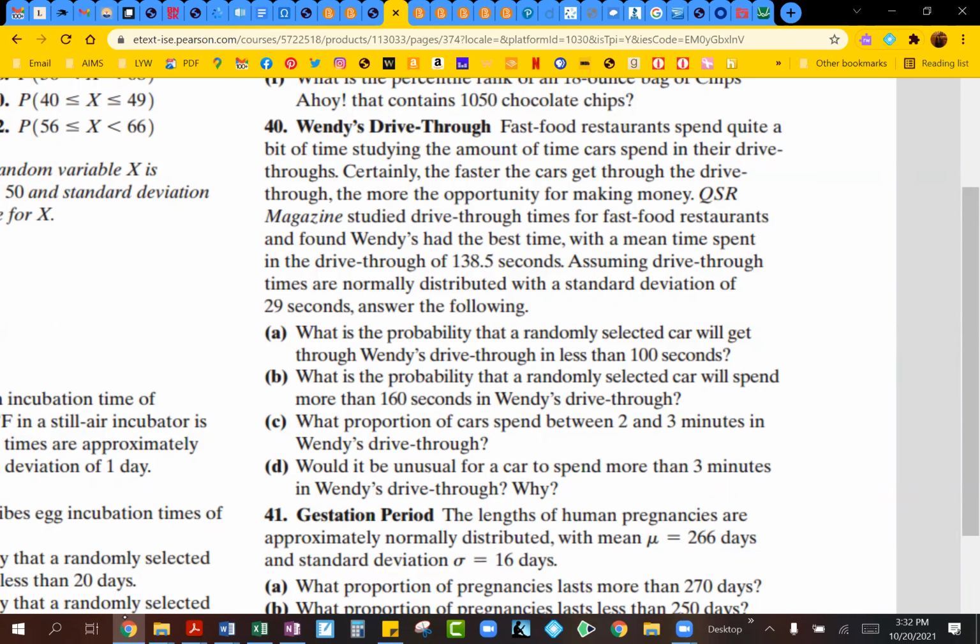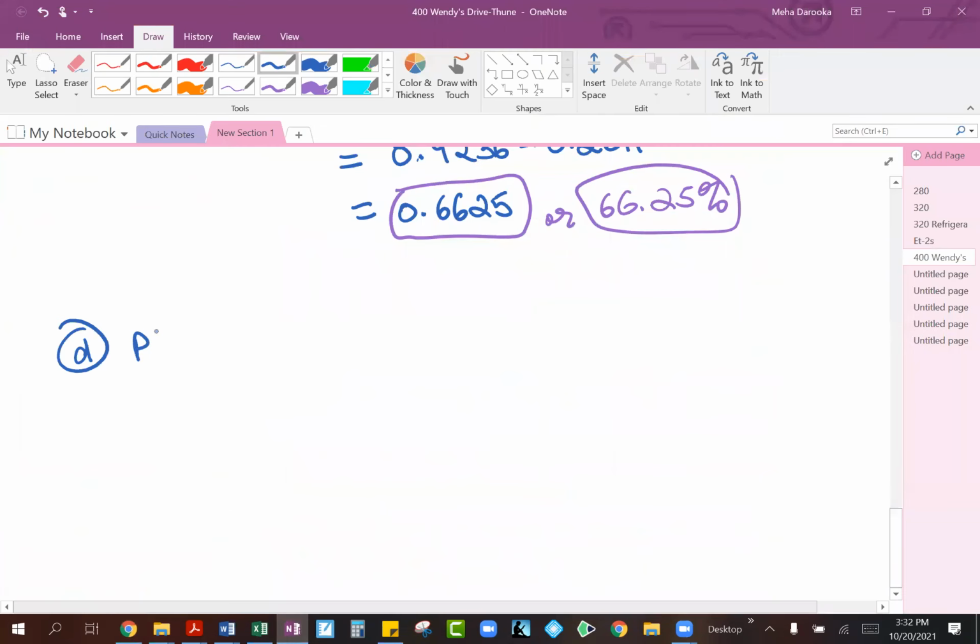So let's start by first finding out what's the probability that a car would end up spending more than 3 minutes. So more than 3 minutes would of course be, what's the probability you're spending more than 180 seconds?